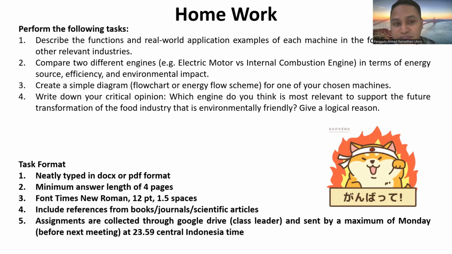Two, compare two different engines, for example electric motor versus internal combustion engine, in terms of energy source, efficiency, and environmental impact. Third, create a simple diagram, such as a flowchart or energy flow scheme, for one of your chosen machines. And write down your critical opinion.